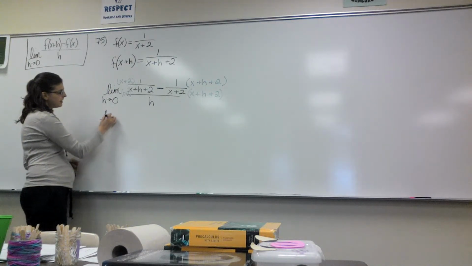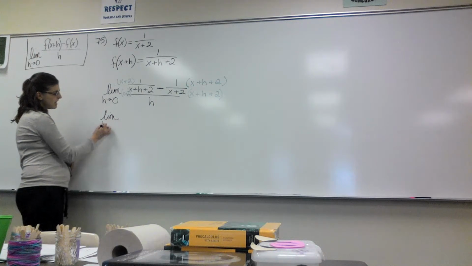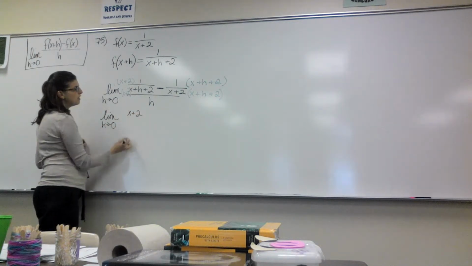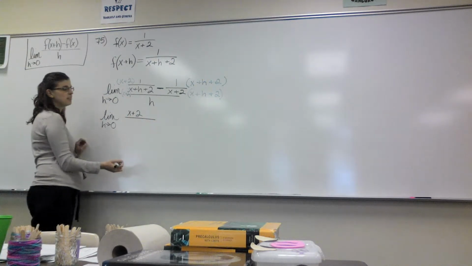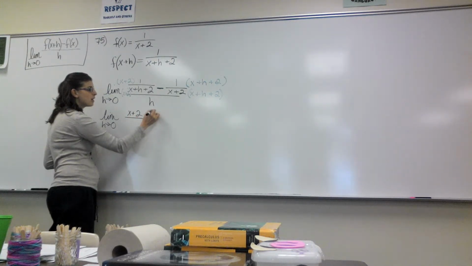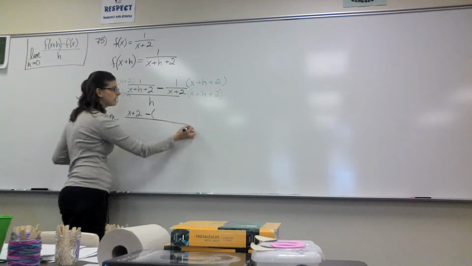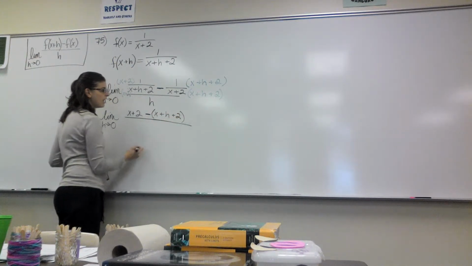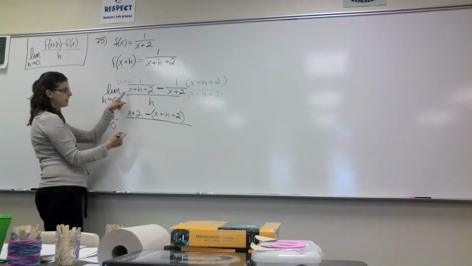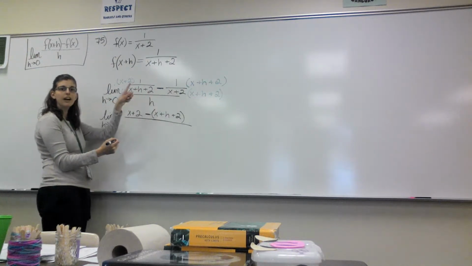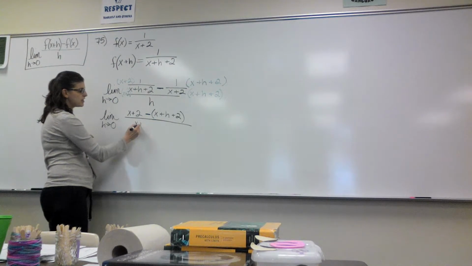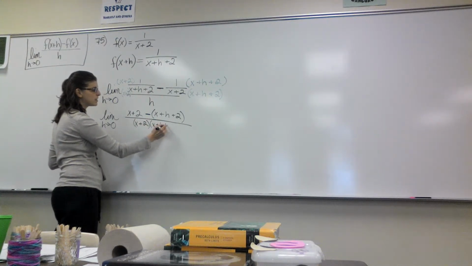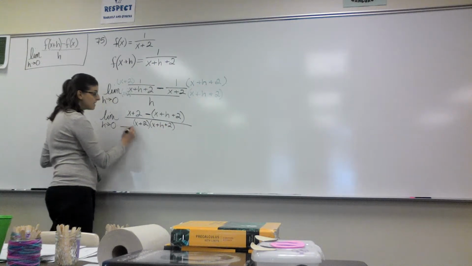Okay, so you get the limit as h approaches 0 of x plus 2 on the top of the first fraction minus the quantity x plus h plus 2, and it's all over the common denominator now, x plus 2 times the quantity x plus h plus 2, and that is all over h.